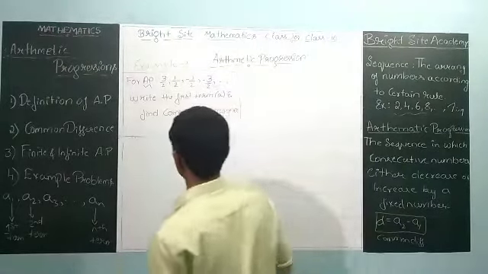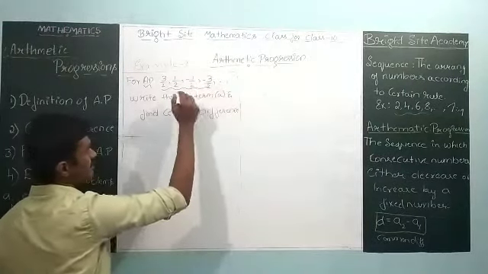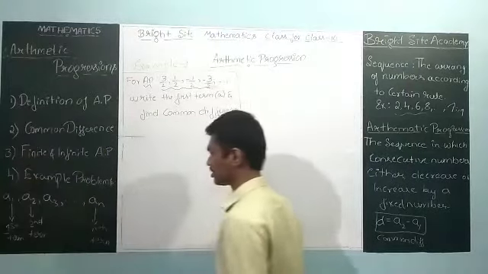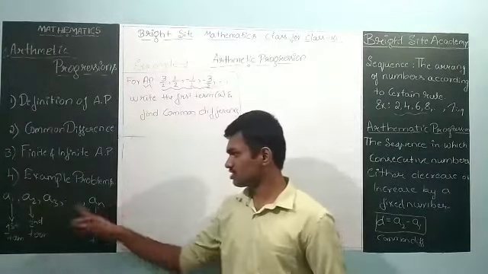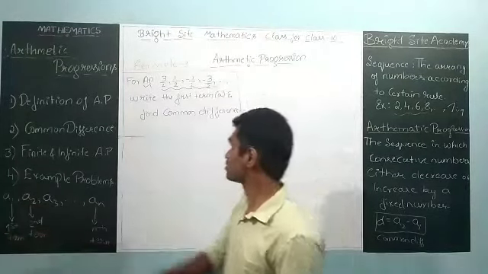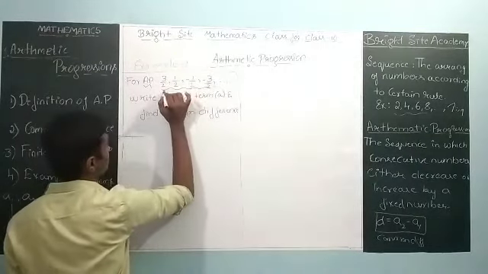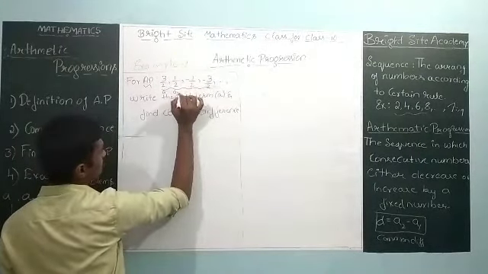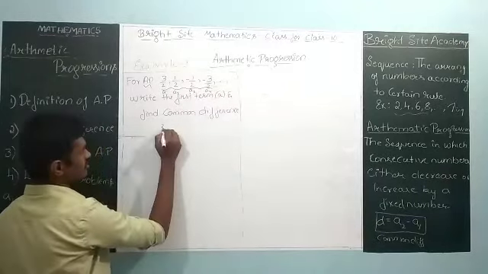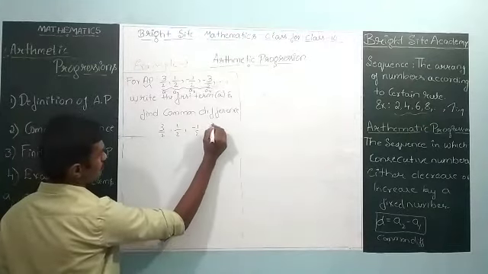So let us go through it. What is the first term in this progression? Always the first term is the first number, that is A or A1. So what is A here? Let us write: this is A or A1, A2, A3, A4, and so on. 3 by 2, 1 by 2, minus 1 by 2, minus 3 by 2.